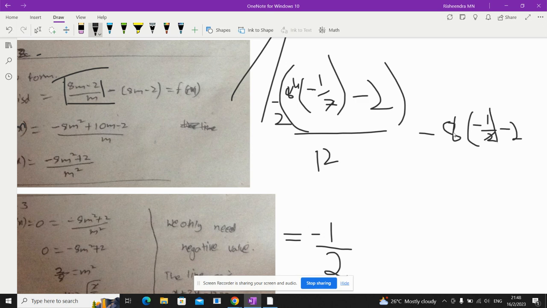Here let's assume this will be minus 4. Forgot about the bracket here. Okay, minus 4 minus 2, the answer will be minus 6. Minus of minus 6 is plus 6. 12 plus 6 equals 18. Hooray, we got the answer.